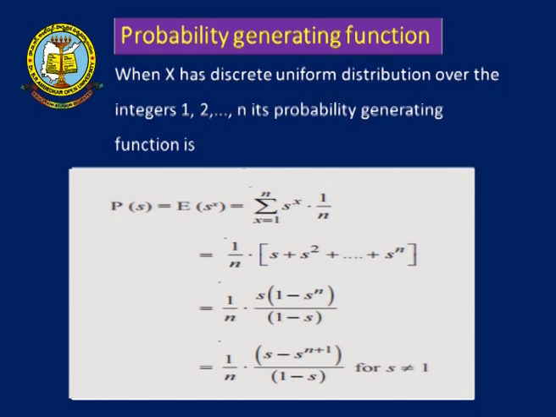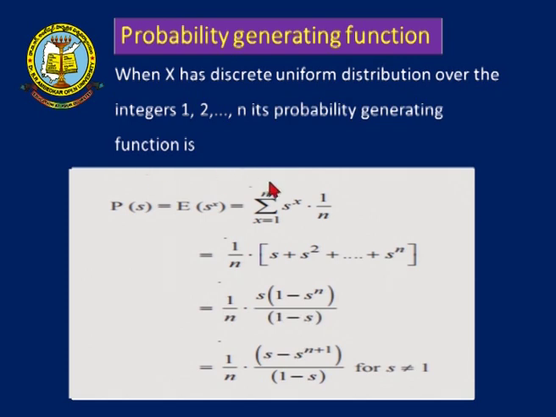Summing over x, which takes the values 1 to n, of s^x times its probability mass function. What is the probability mass function of the uniform distribution? It is 1/n. Here again, 1/n is free from the summation, so it is taken outside.